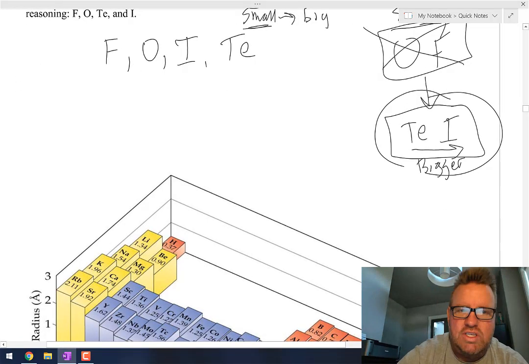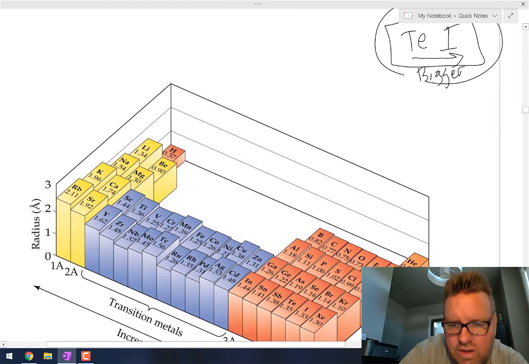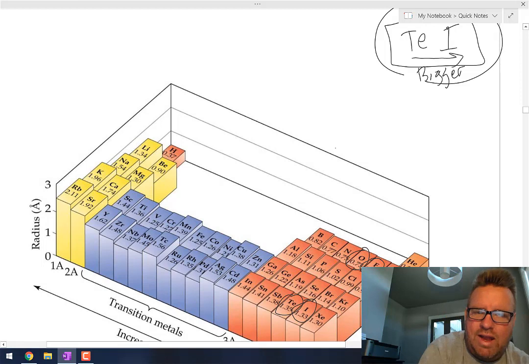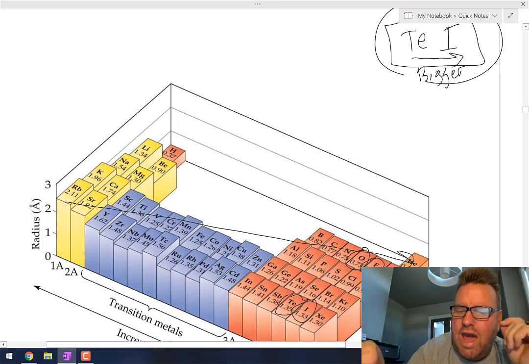Okay? And then we can actually see our answer here and make sure we're right. Fluorine, we said, was the smallest, 0.71 angstroms. Then oxygen, 0.73. Okay, and then as you go down the periodic table, there's iodine, almost double in size, 1.33, and then tellurium is 1.35. So again, like ionization energy, as you go up and to the right, atoms get smaller.